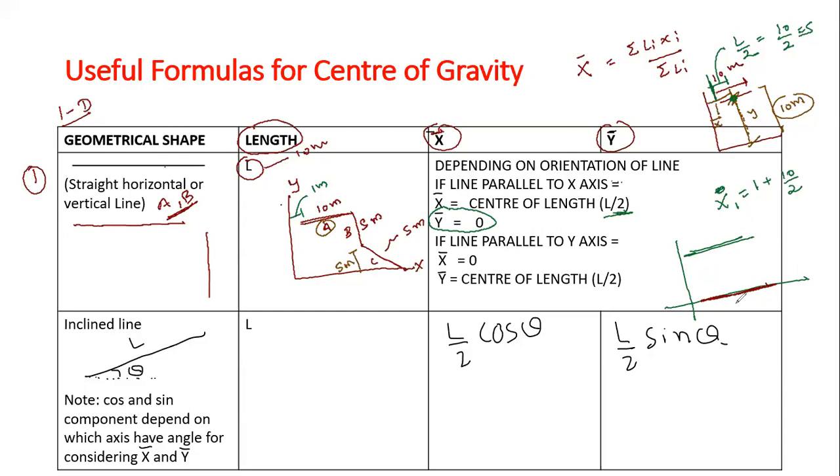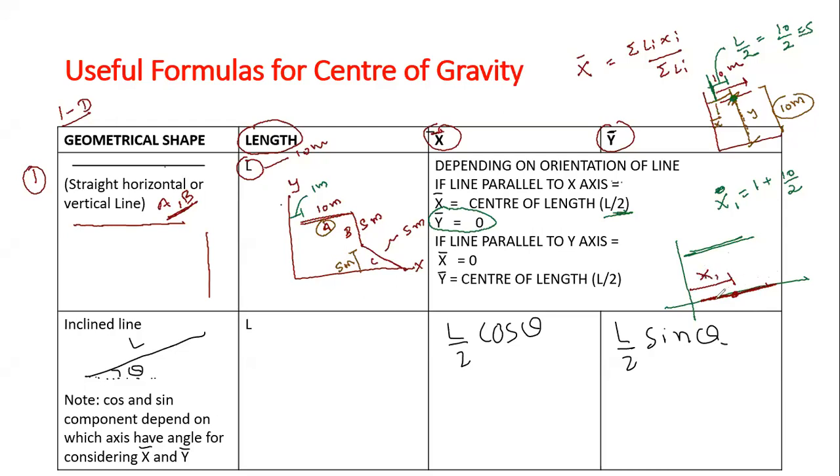Think of the second case. Okay, so now the concept remains the same. What is the orientation of the line or geometry? X direction. Yes or no? From the center you are able to calculate this distance, that is your x1. Yes or no?